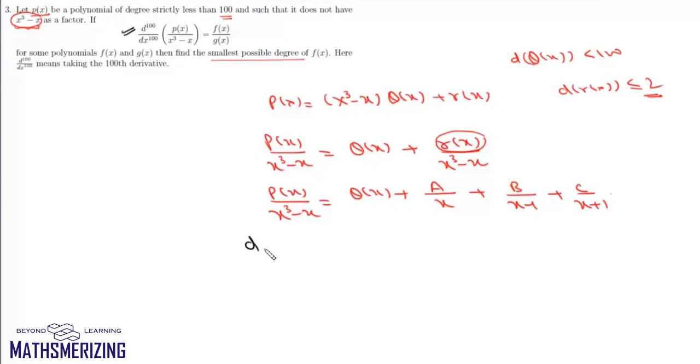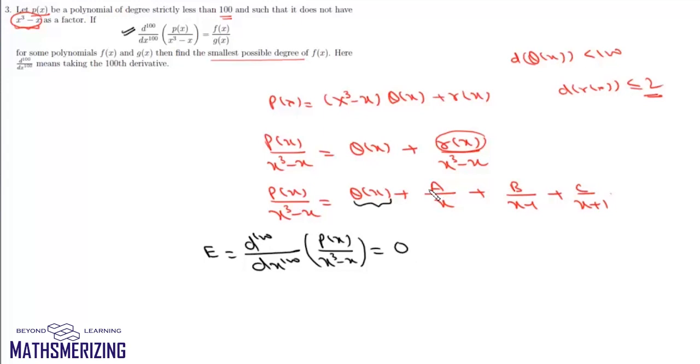So we can write d^100 by dx^100 of p(x) upon x cube minus x, and let it be some expression, say E. Now the 100th derivative of q(x): q(x) is a polynomial whose degree is less than 100. So we will differentiate q(x) 100 times, then its derivative will be 0.